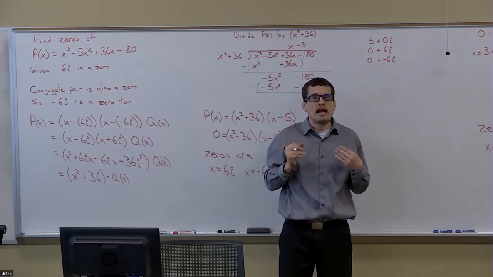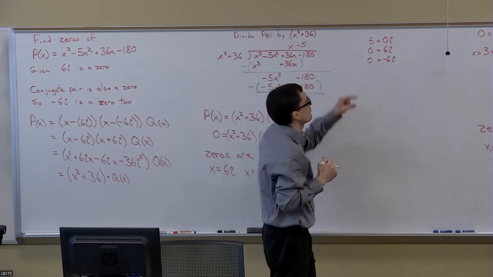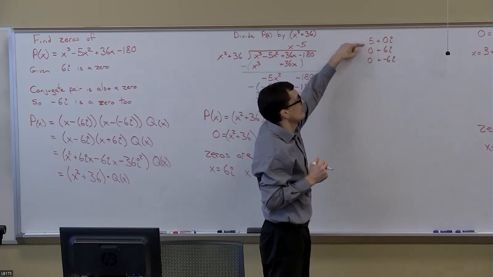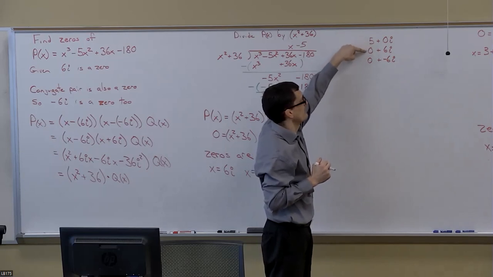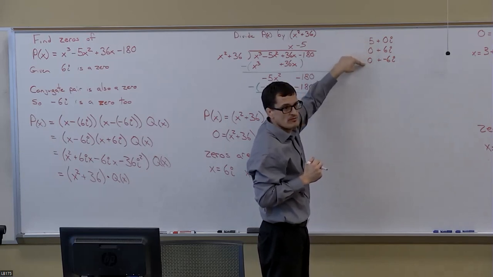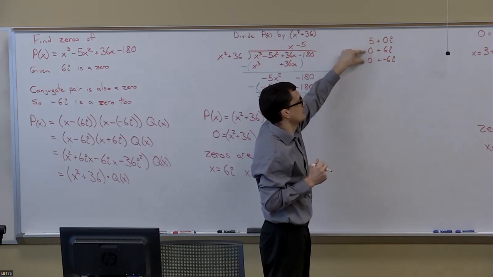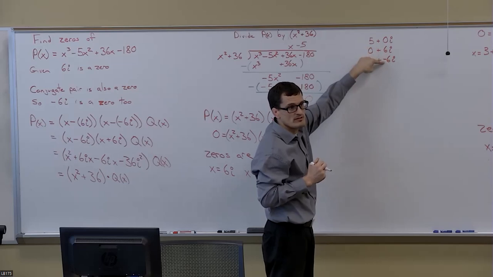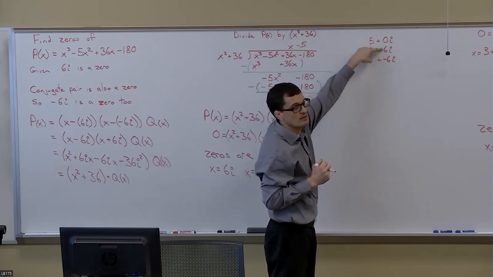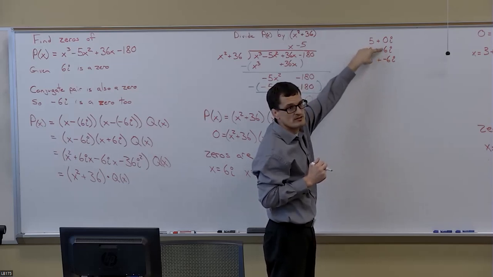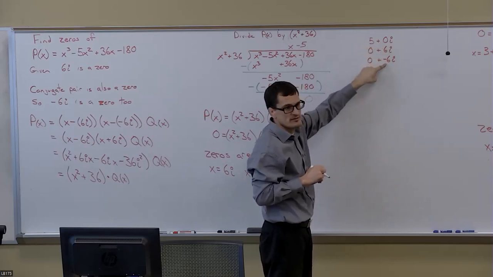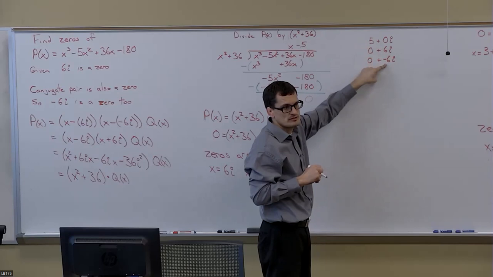If I said order from greatest to smallest, what I'm going to ask you to do is to start out by ordering your real number parts. So your real number parts are 5, 0, 0. And then if there's a tie in your real numbers, you go to the imaginary parts: highest imaginary coefficient, then the next highest.